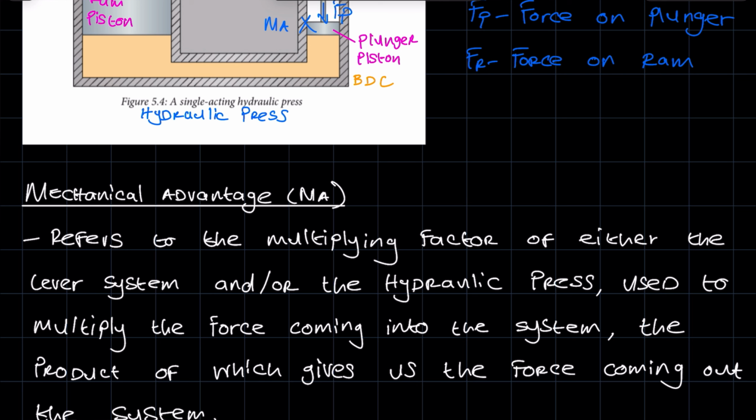Mechanical advantage essentially is a multiplying factor for either of these systems, so either the hydraulic press or the lever system, which is used to multiply the force coming into the system so that we are able to get a force coming out of the system. So the product of the force coming into the system and this mechanical advantage gives us an output force, which is the one that actually does the work.